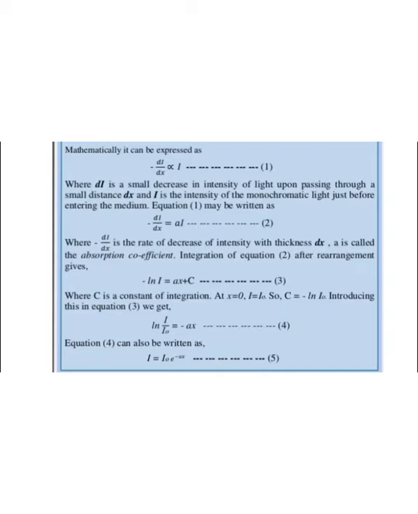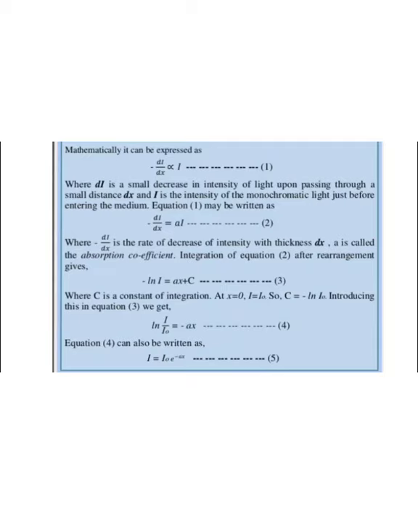Equation 1 may be written with the proportionality symbol removed: minus dI upon dx is equal to a into I, equation number 2, where minus dI upon dx is the rate of decrease of intensity with thickness dx, and a is called the absorption coefficient.